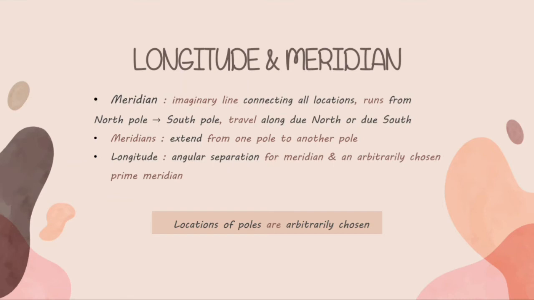Meridians extend from one pole of the sphere to the other. And longitude is the angular separation of the half plane defined by the meridian and the half plane defined by an arbitrarily chosen prime meridian. So the location of the poles is also arbitrarily chosen.